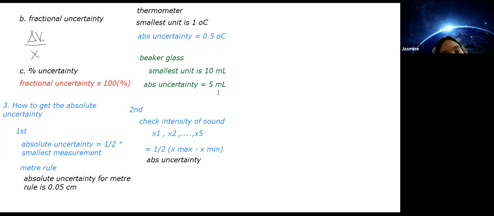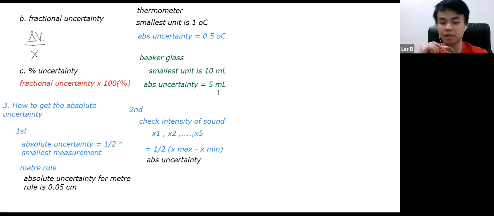You are checking the intensity of a sound, and you take the reading several times, like how many decibels. After you get all these readings, you don't really have to care whether the uncertainty is written on the device or not, because you can just choose from the repeated readings the maximum and the minimum, subtract them, and divide by 2.